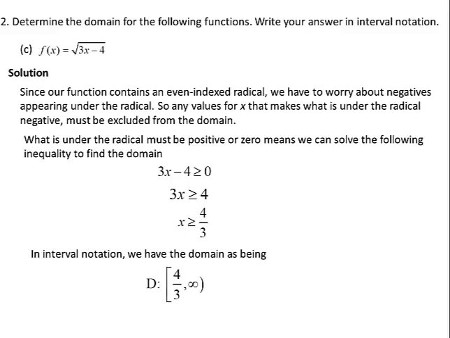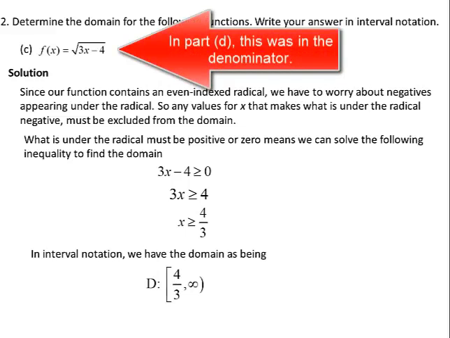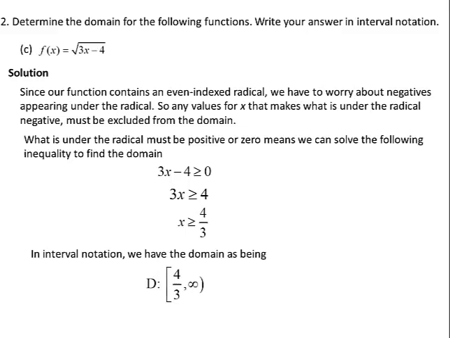I'm not going to work through part D, but if you recall in part D, that square root of 3x minus 4 was in the denominator of a fraction. So because it does appear in the denominator of a fraction, you now have the other thing to worry about, the other bad thing in function land, and that's 0 appearing in the denominator.